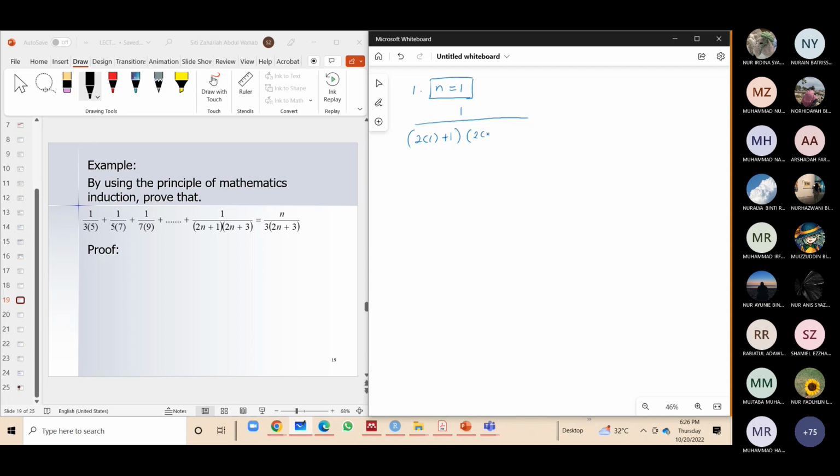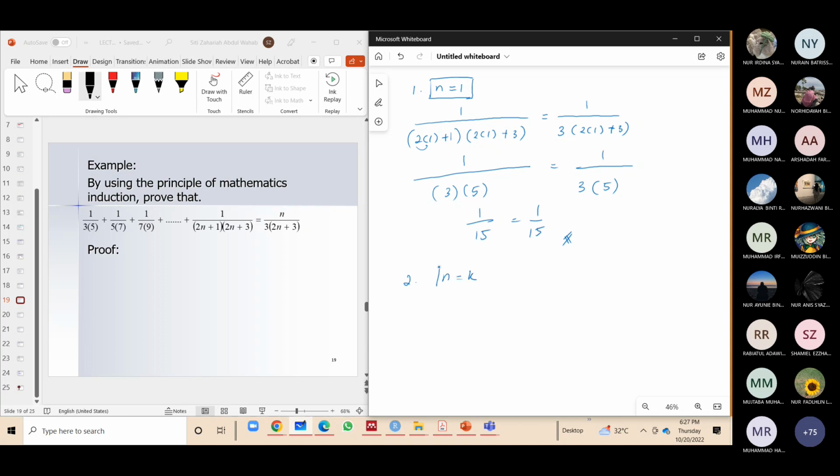Second bracket, 2 times 1 plus 3, close the bracket. Equals to 1 over 3 times 2 times 1 plus 3. So it will be 1 over, so 2 times 1, 2 plus 1 is 3, right? Here 2 times 1 is 2 plus 3 is 5. Here 3, 2 plus 3 is 5. We get 1 over 15 equals to 1 over 15. So we have proved that both sides are same.